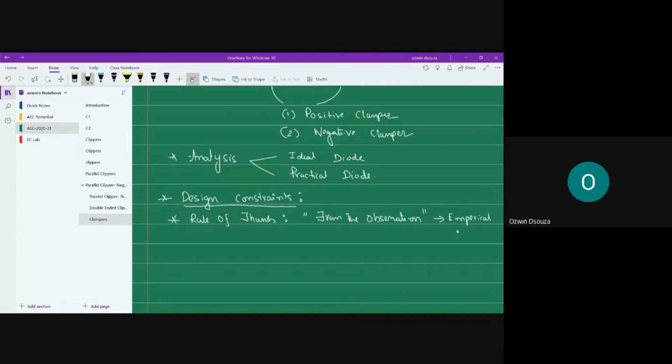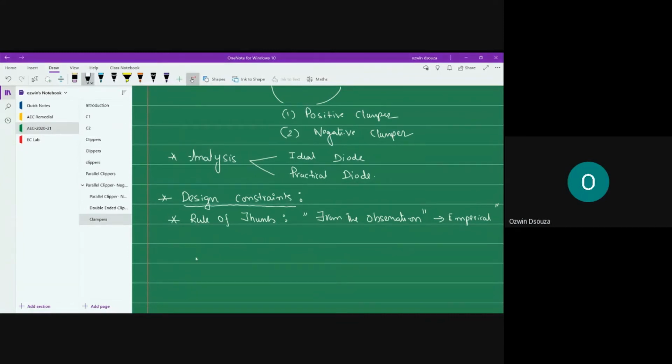You must have heard about empirical formulas, which are derived from observations itself. Empirical relations or rule of thumb convey the same meaning: from experiments you generate the theory. Vice versa is not possible.